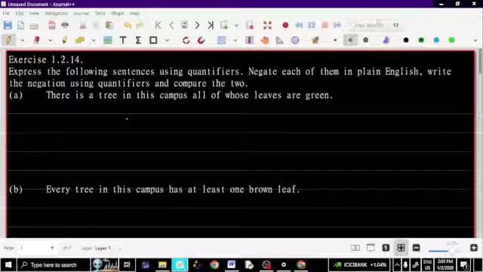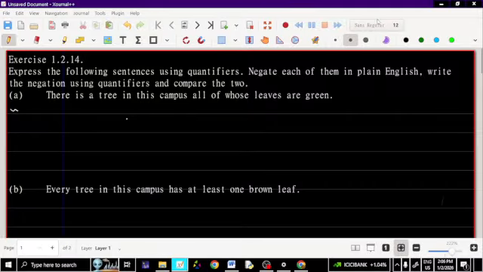Okay, so these are statements involving multiple quantifiers. The first one: there is a tree in this campus, all of whose leaves are green. So you can see that the existential quantifier is coming here. All of whose leaves, the universal quantifier is also appearing, right?